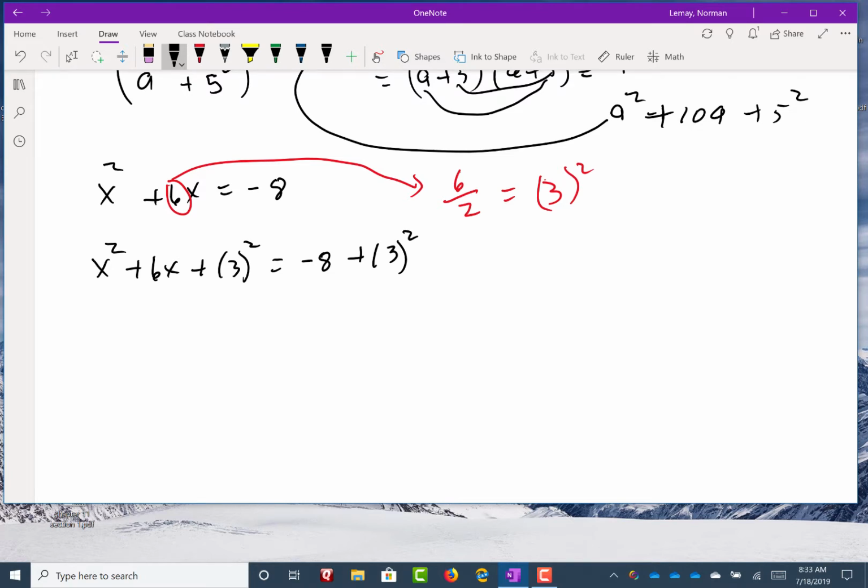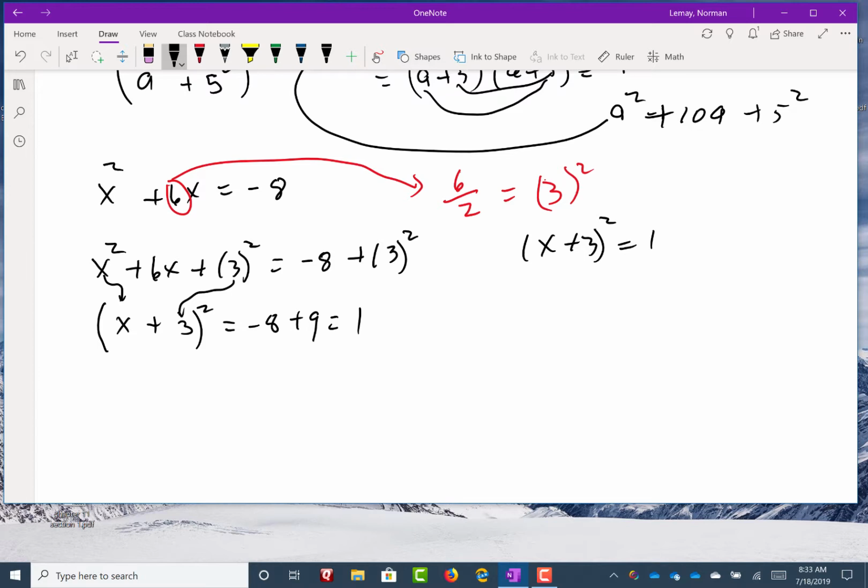Yeah, that's our only little tweak from the other two up above. But notice on the left side, the completing of the square, we get the x plus, and now we just bring down our 3 squared, and that's going to equal negative 8 plus 9, which is equal to 1. So now, cleaning this up, (x + 3) squared equals 1.